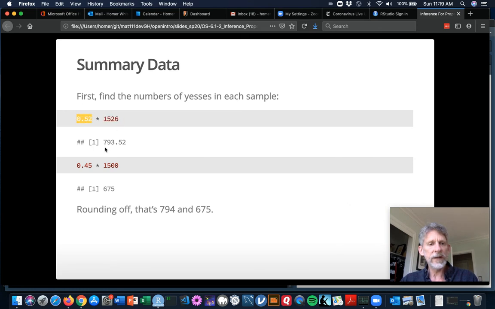So do that multiplication, you get 793.52, which I'm rounding off to 794. There were about 1,500 people in the June sample, 45% said yes. That product is 675. So I'm figuring 675 people said yes in that poll.